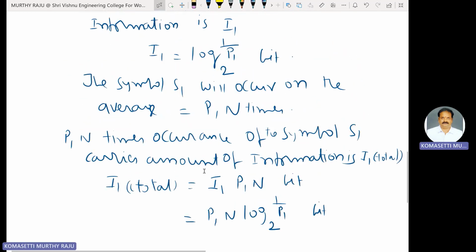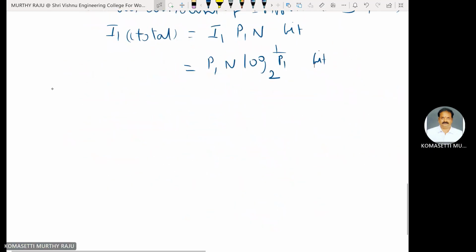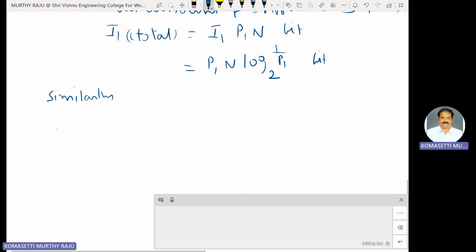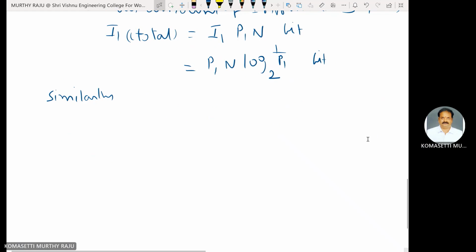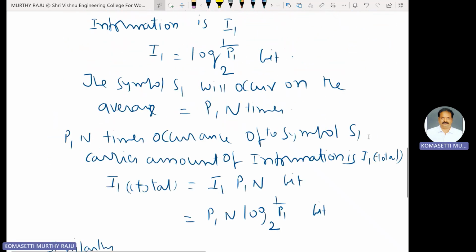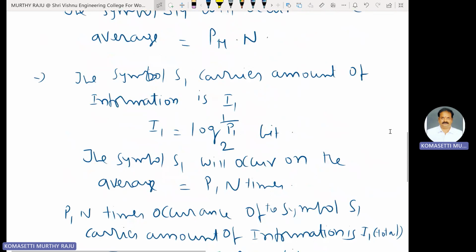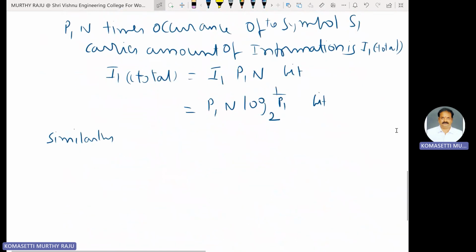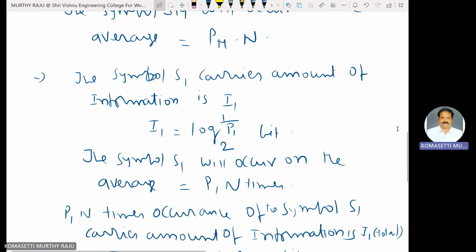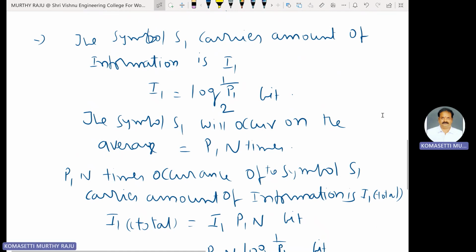And similarly, symbol S2 carries amount of information is I2. Therefore, I2 is equal to log 1 by P2 base 2 bit. The symbol S2 will occur on the average P2 into N times.